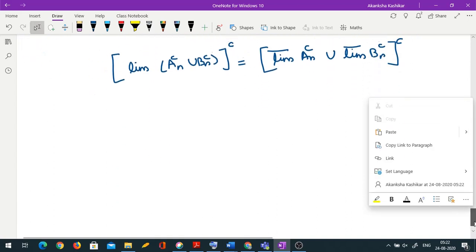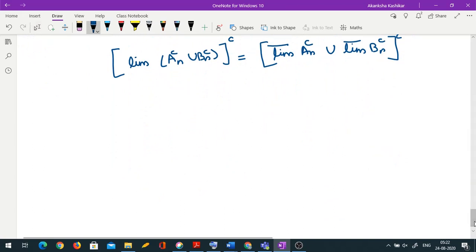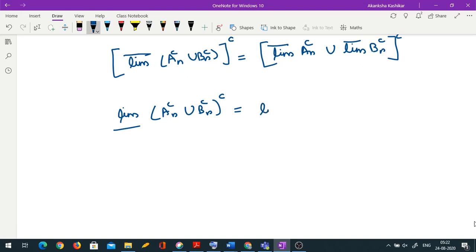is same as, again we'll use properties of lim sup lim inf and De Morgan's law. So this becomes lim inf of (An complement union Bn complement) whole complement equal to lim sup of (An complement) whole complement intersection with lim sup of (Bn complement) whole complement.